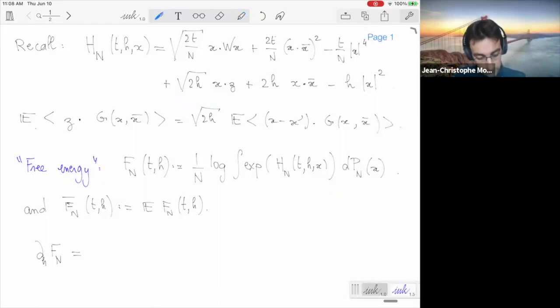So we're going to get this angular bracket of 1 over square root of 2h x dot z plus 2x dot x bar minus x squared, and that's it.